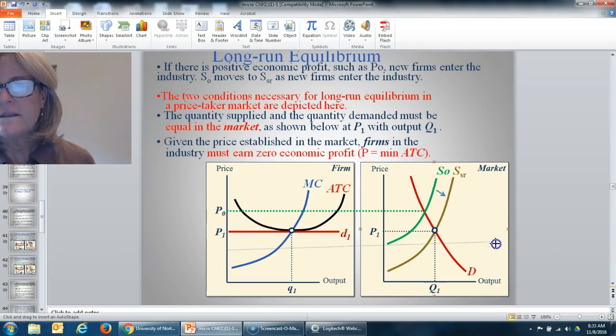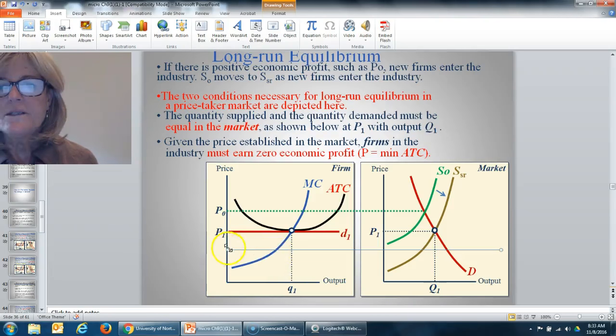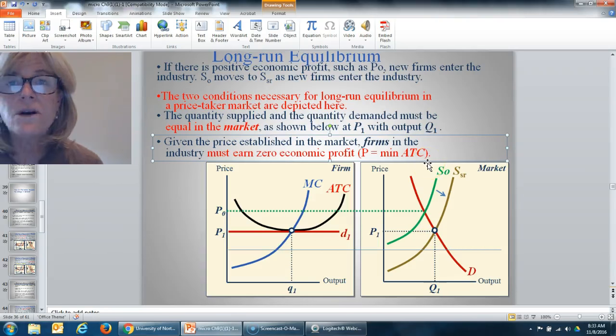Say we start here down below average total cost. Well, firms are going to leave the industry, right? So supply is going to shift up to your left. So if we're currently making negative economic profits down here, some firms are going to leave. As some firms leave, the supply curve shifts left till we end up with zero economic profits and price is equal to the minimum of the average total cost curve.